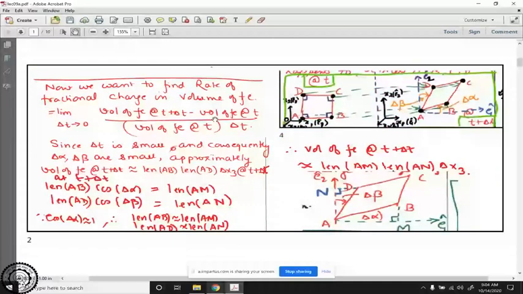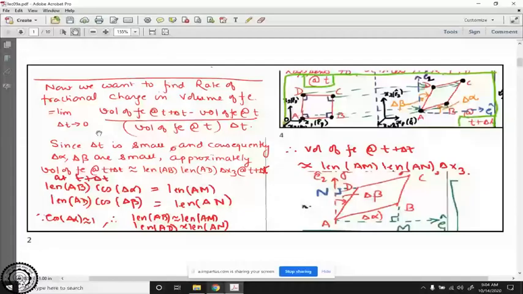I am interested in fractional changes, so I divide this change by the volume of the fluid element at time t itself, and by delta t, because I want the rate of change, in the limit delta t going to 0. We want to derive an expression for this.